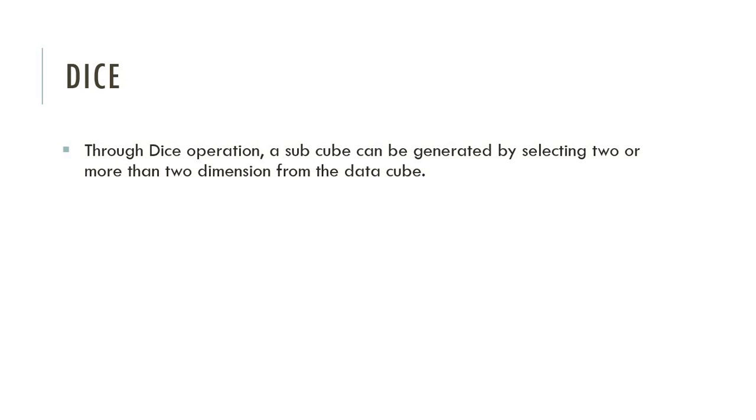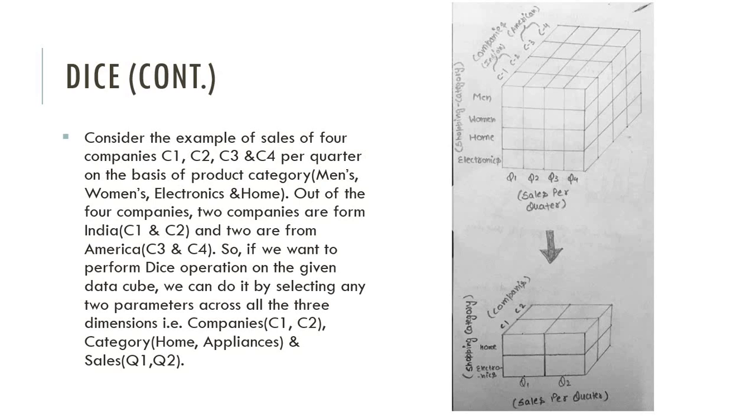Next is the dice operation. For the dice operation, a subcube can be generated by selecting 2 or more dimensions from the data cube. Dice operation generates the subcube from the data cube. It maintains all the dimensions. So let's understand with the example. We have 3-dimensional data, and this data is very big, but from that I want some particular cube.